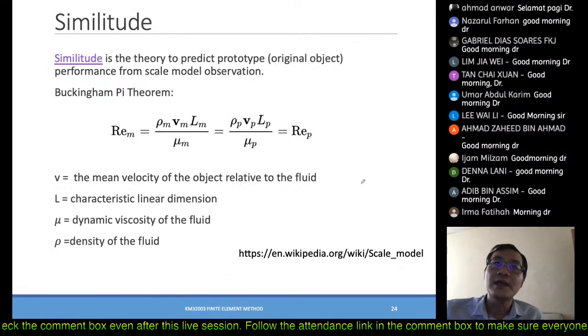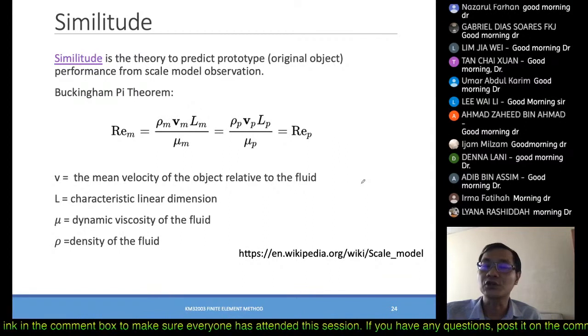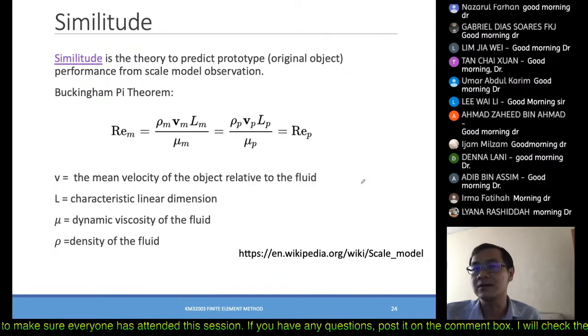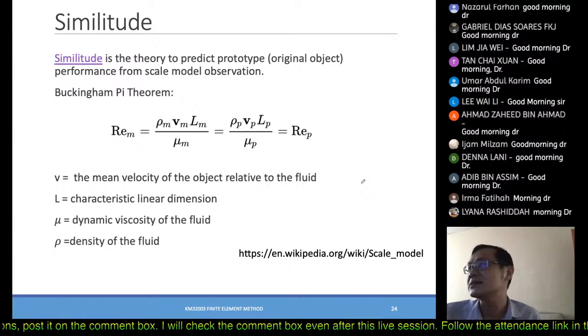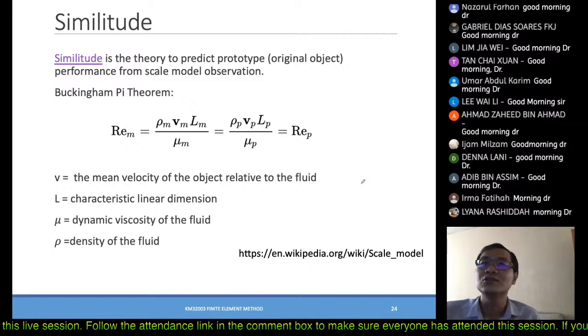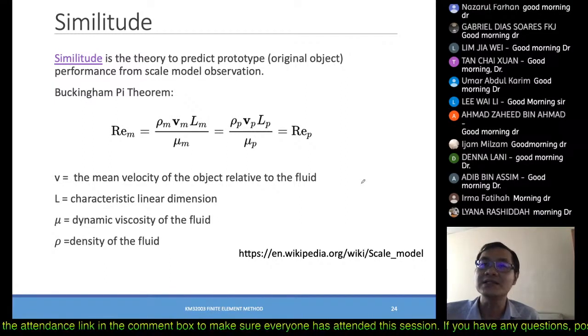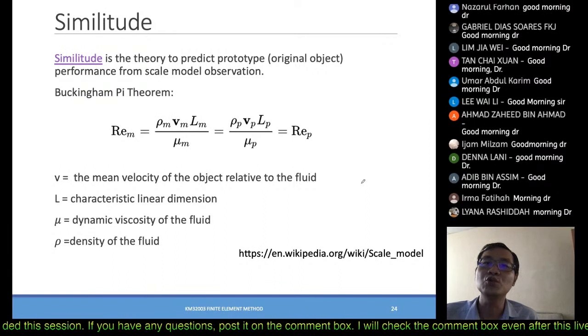So now when we come to prototype and the model, if this is a large prototype or large original object, how can we model it in, let's say, simulations? Either your computer is very powerful to handle a very large size, when you draw it in millimeters or in the respective unit, or you can do a scaling.